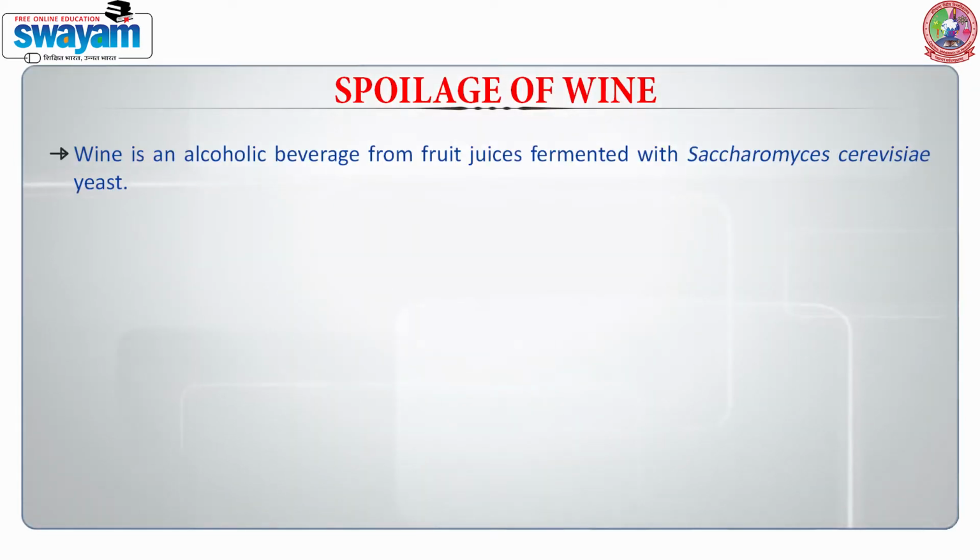Now, let us know what is the causative agent of the spoilage of wine. As you know, wine is an alcoholic beverage which is produced from the fermentation of fruit juices by the activity of yeast like Saccharomyces cerevisiae.